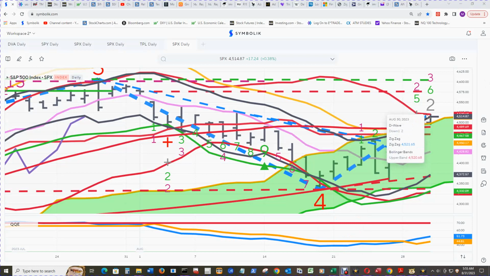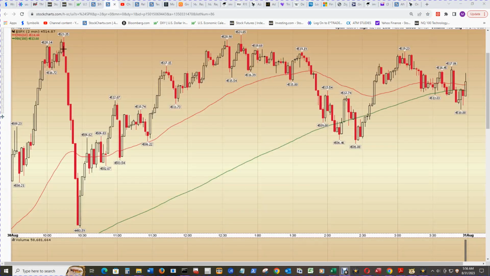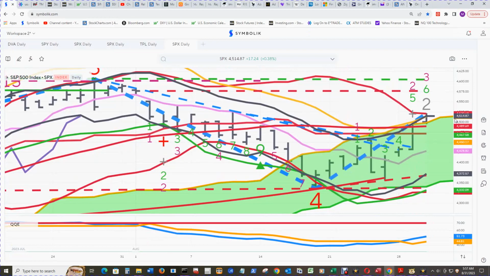And price nailed the Bollinger Band upper band yesterday at 45.22. And here's the high yesterday on the 2-minute chart, 45.21.35. So I'm really liking where I have this Bollinger Band set based on lows.